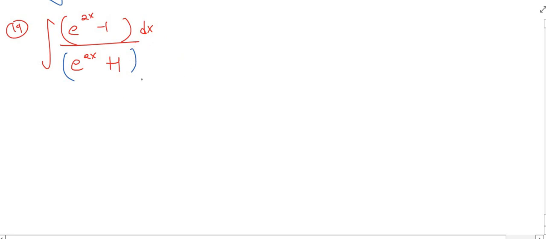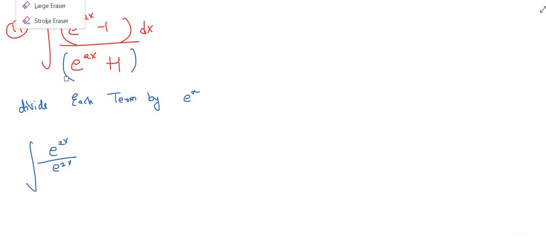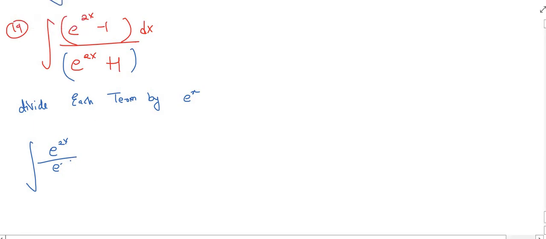So in this, what we will do, write down, divide each term by e raised to power x. Now we will see why. Divide e raised to power 2x by e raised to power x, each term.